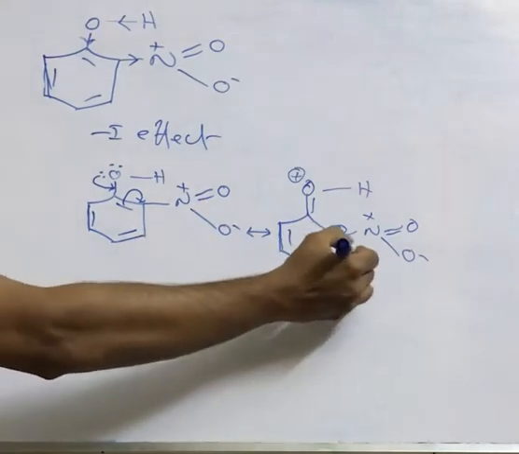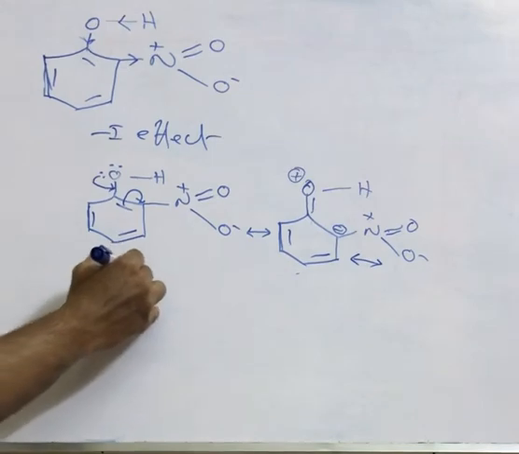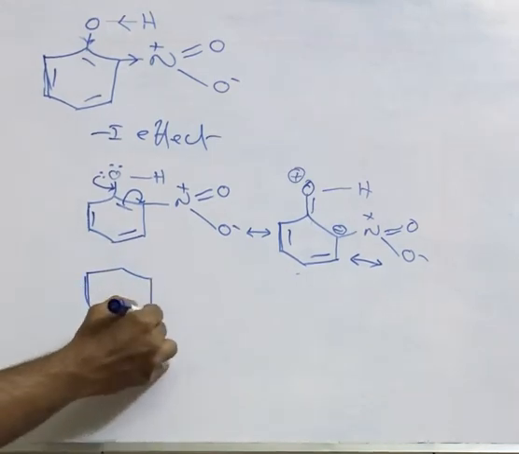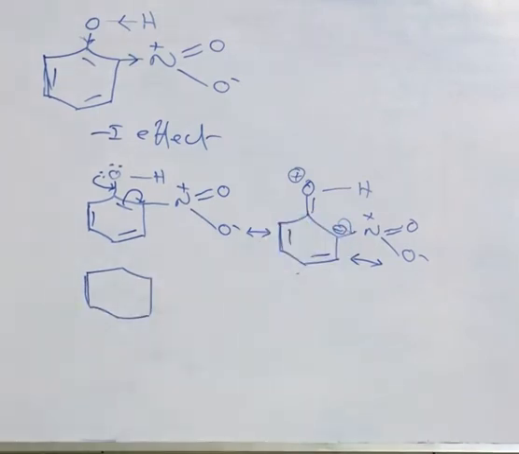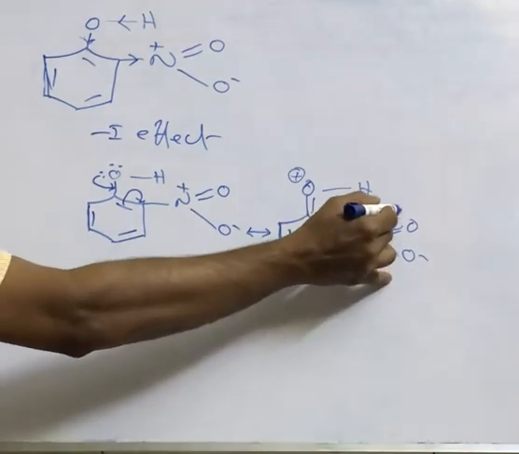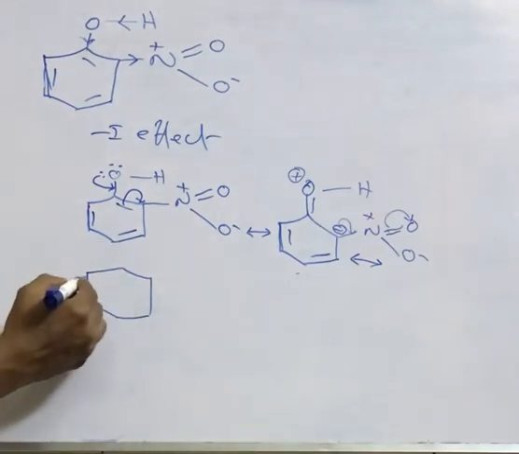So we can continue the resonance forms. Another resonance form I am writing here. What happens? This double bond will move to between the carbon and nitrogen. Then this bond will go to the oxygen. So this is the next resonance form.